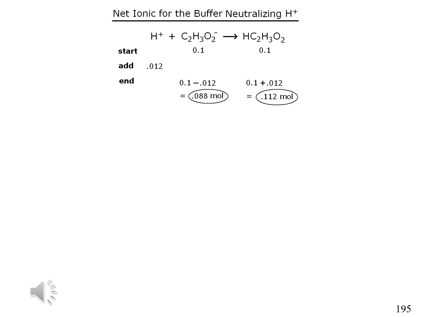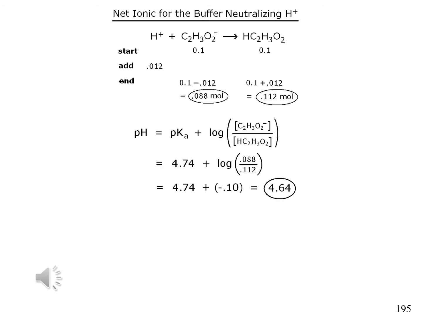So what you have to do to get the new amounts is you're going to have to subtract 0.012 from the amount of the base, and at the same time, you're going to have to add the 0.012 to the amount of the acid. And since this is still a buffer, what you're going to do is plug in those new amounts into the buffer equation because it's not equimolar anymore.